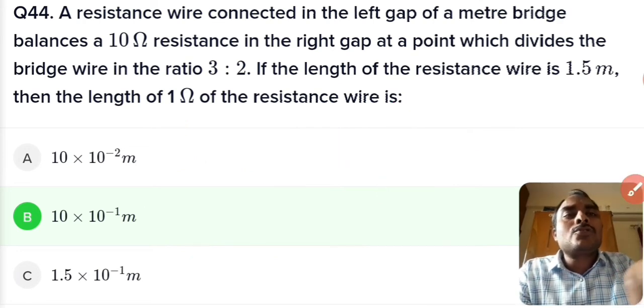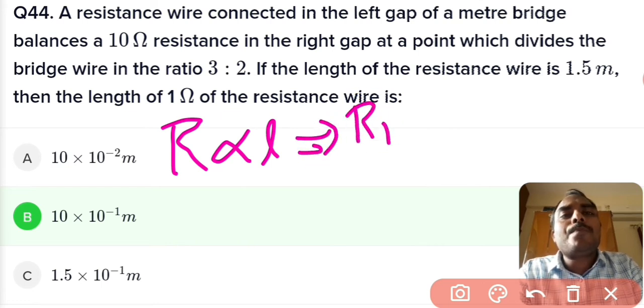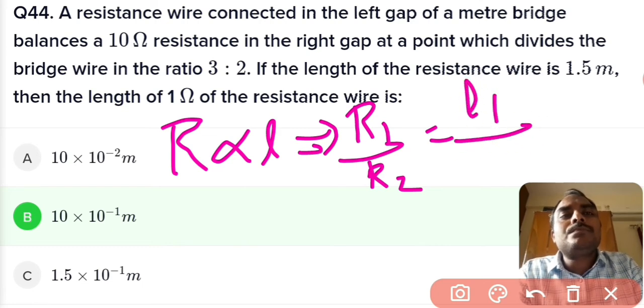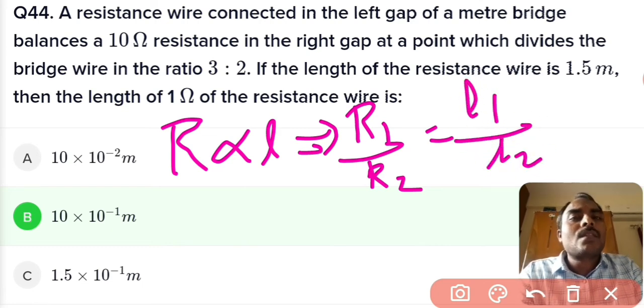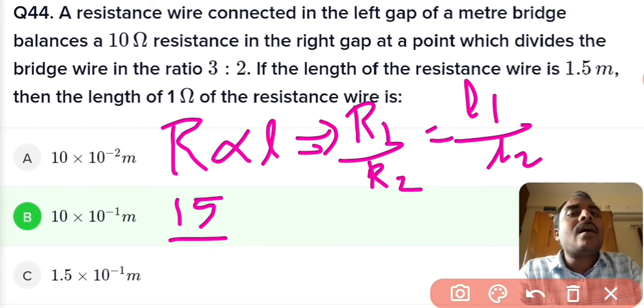R is directly proportional to L. Then R1 by R2 equal to L1 by L2, where R1 is the resistance of the total wire. I write 15 ohm as the total resistance, and R2 is the resistance 1 ohm, as given.